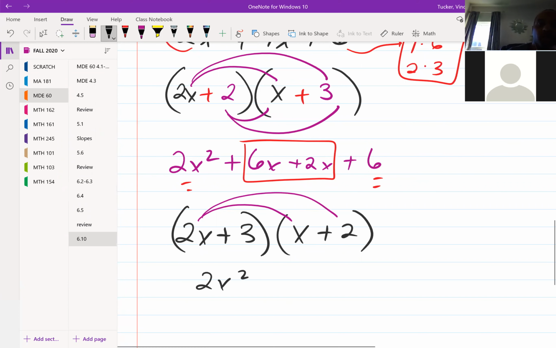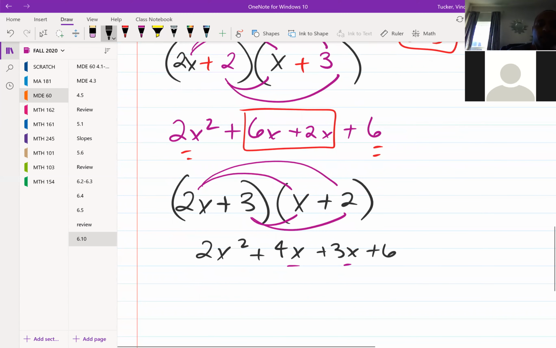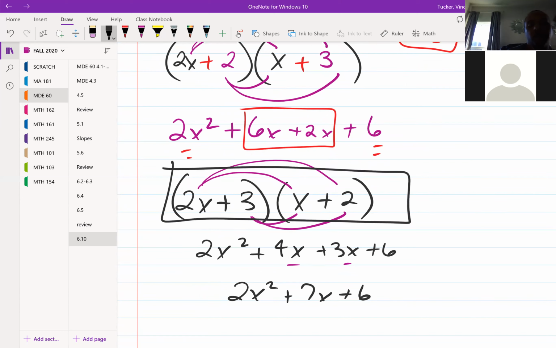Here I get 4x, 3x, and then 6 in the back. Add my terms together. And now I get 2x squared plus 7x plus 6. So this is the correct factorization.